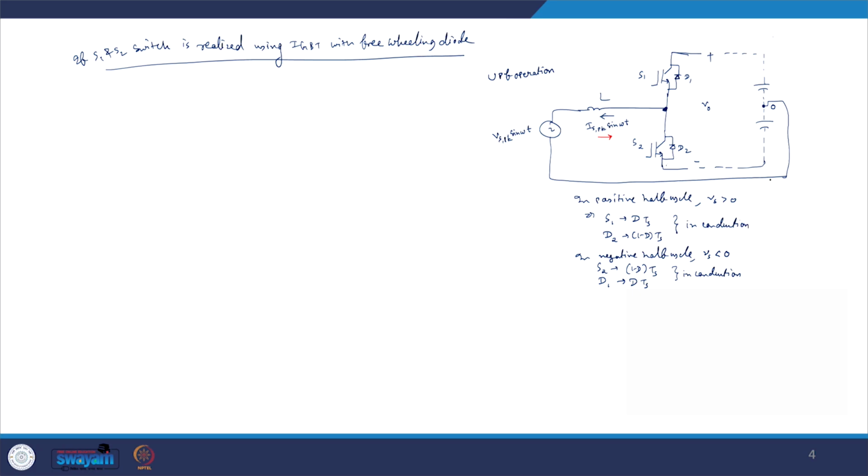And our Ts is nothing but 1 by Fsw, which is the switching frequency.